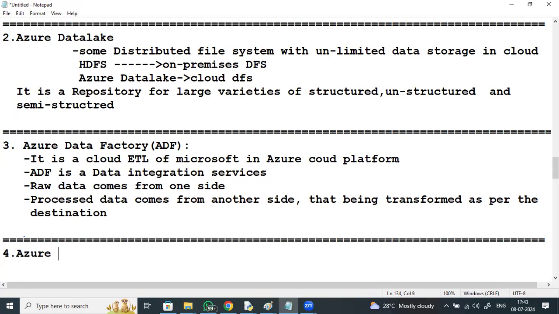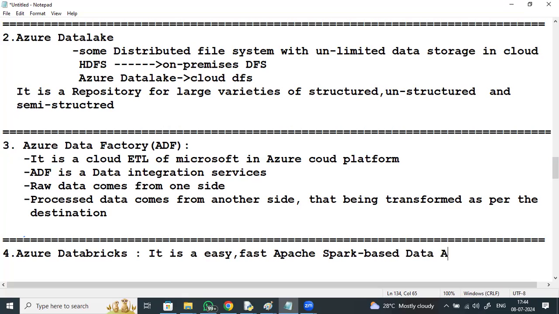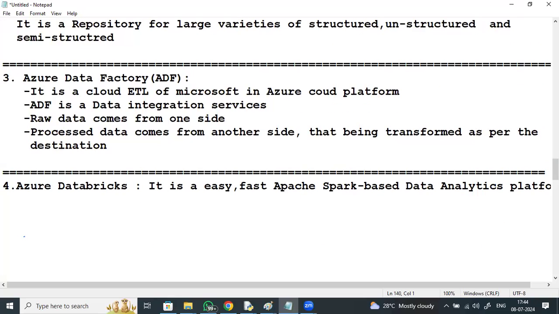Azure Databricks. Simply, I can say Databricks is an easy, fast Apache Spark-based data analytics platform for Microsoft Azure, the cloud services platform.